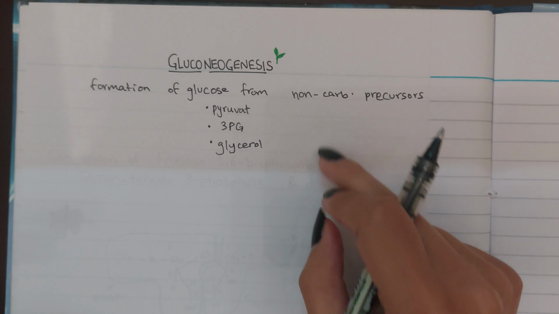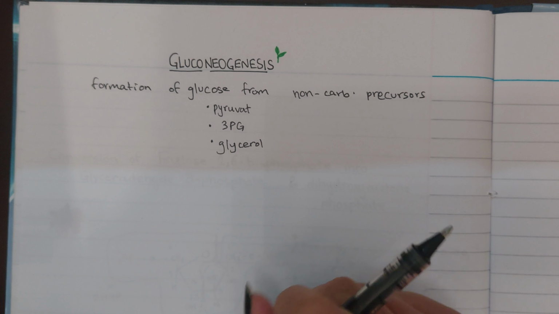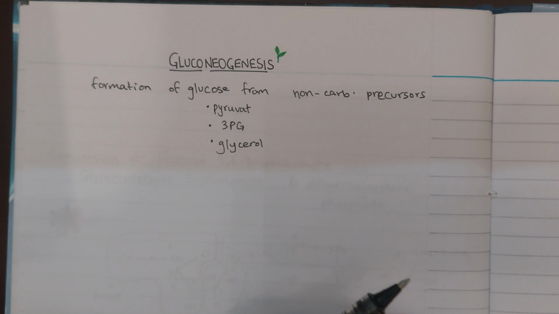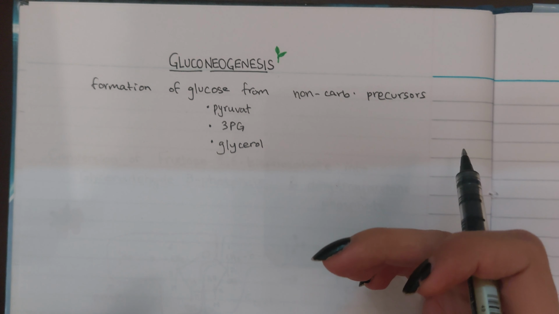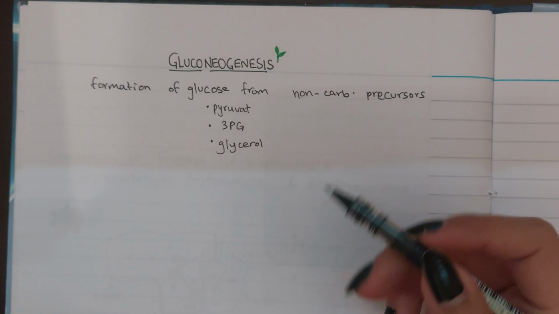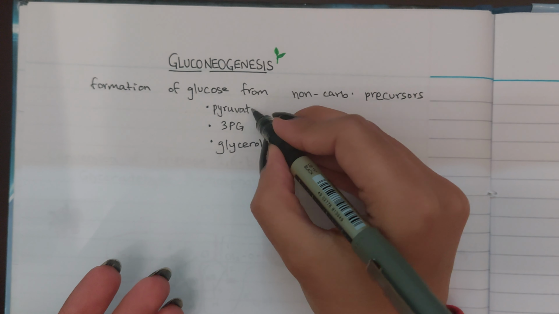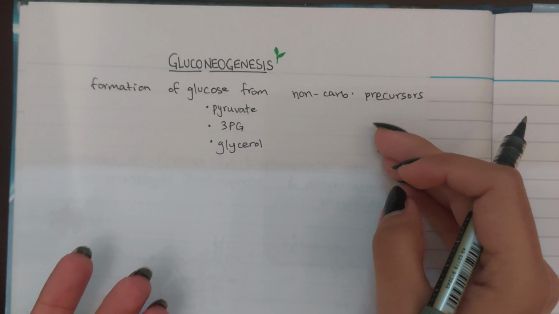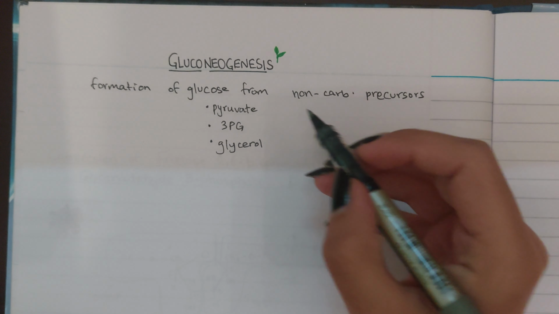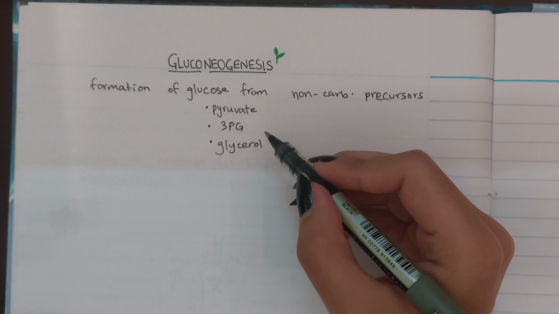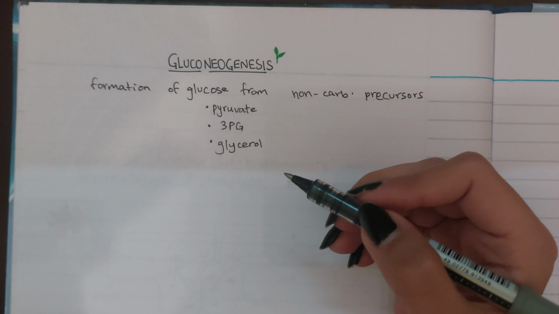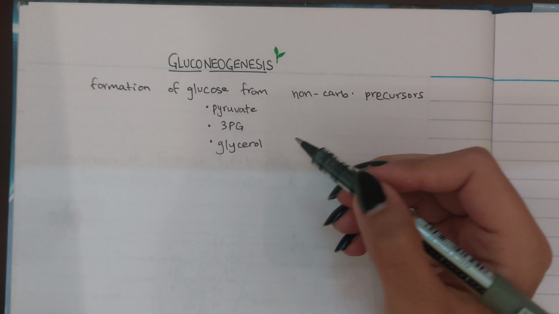So gluconeogenesis occurs during the time when a person is fasting or hasn't eaten in a while and the body is out of glucose. So in this emergency, our body utilizes other non-carbohydrate precursors like pyruvate, 3-phosphoglycerate, or glycerol to make glucose.